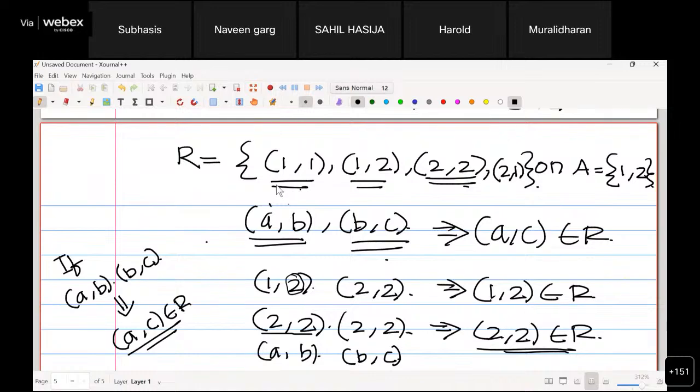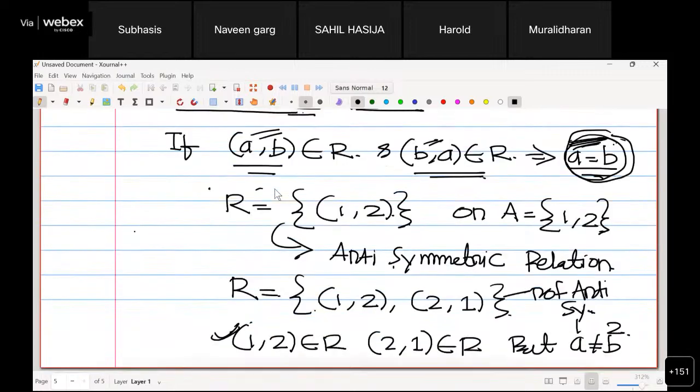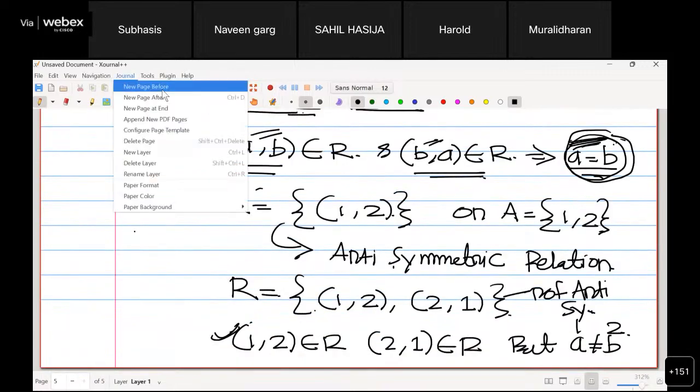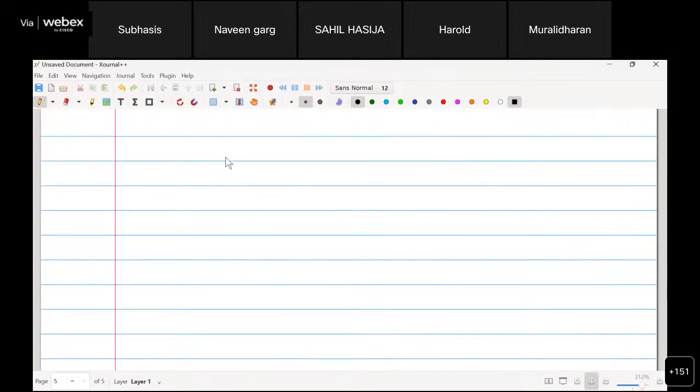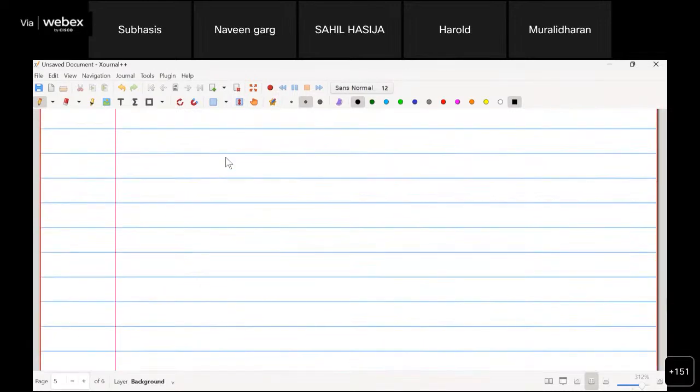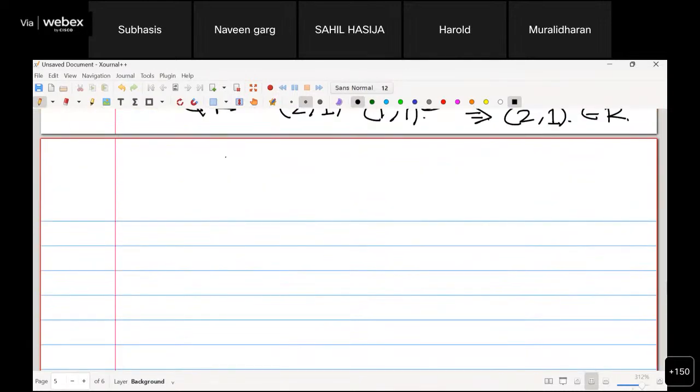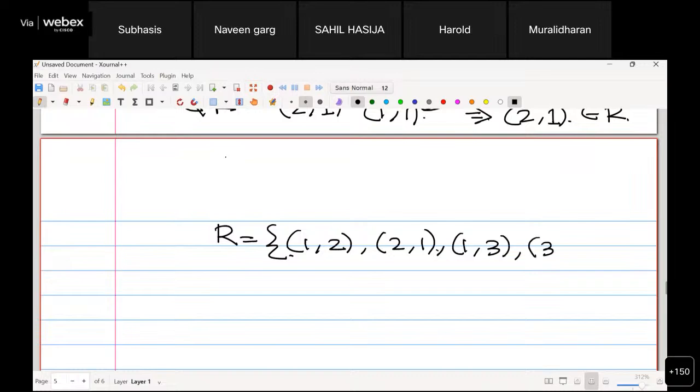Supposedly, if it is written (1, 2) and (2, 1), then (1, 3) and (3, 1), and then again (1, 2) and (2, 1), it is repeating two times. So that is okay.